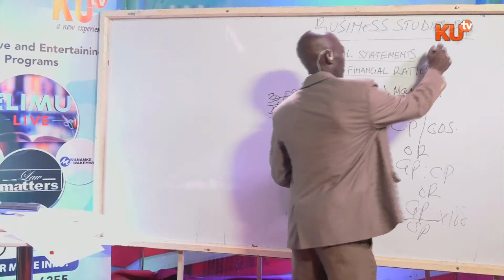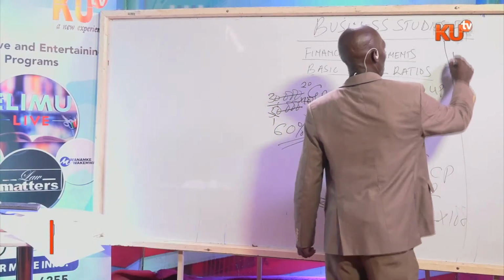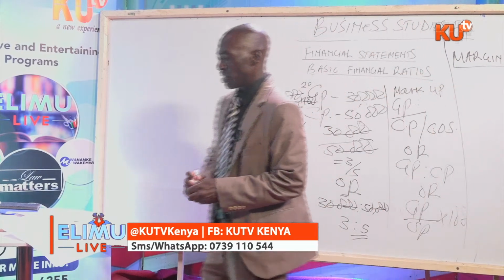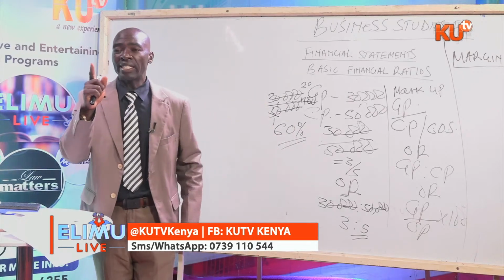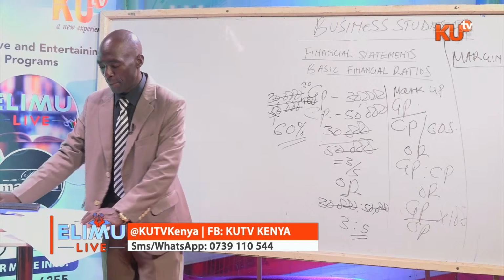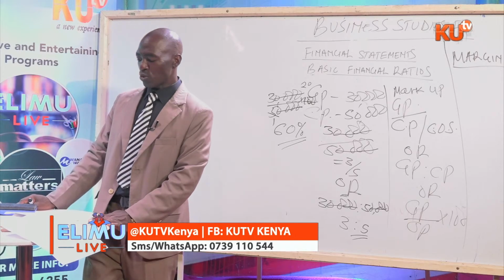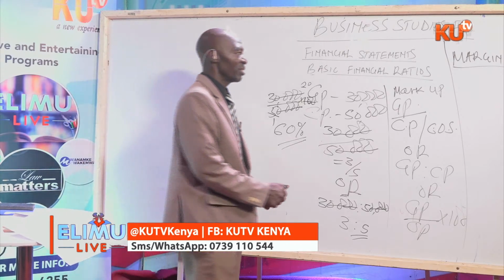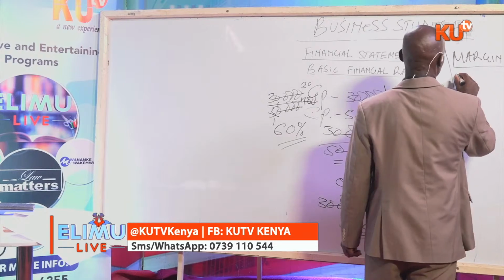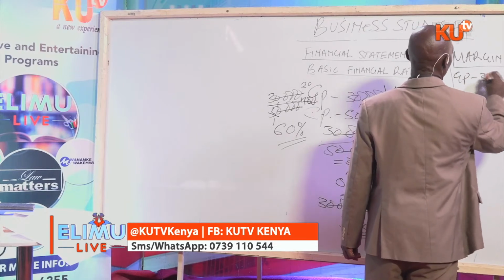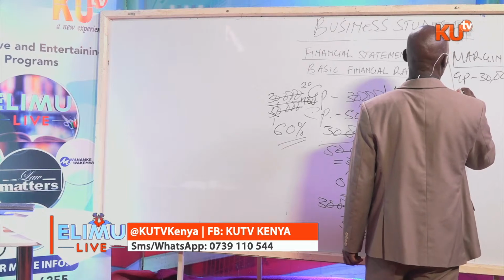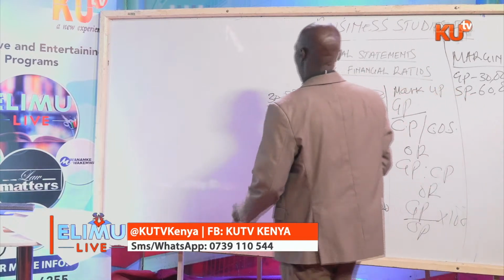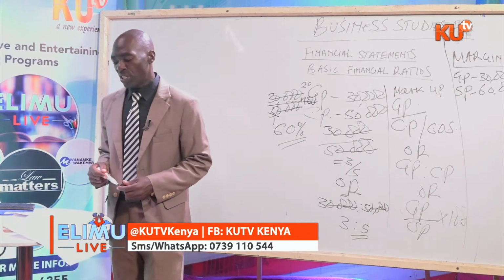So in this case, if we still look at the figure of gross profit as the same, given that gross profit or GP is 30,000 and selling price is 60,000, you now want to work out the margin.